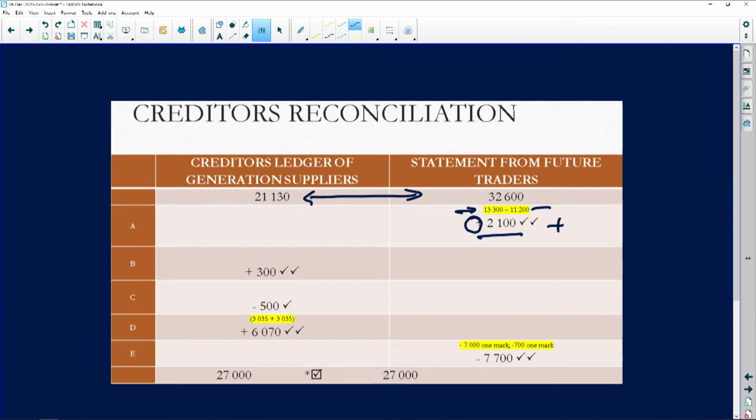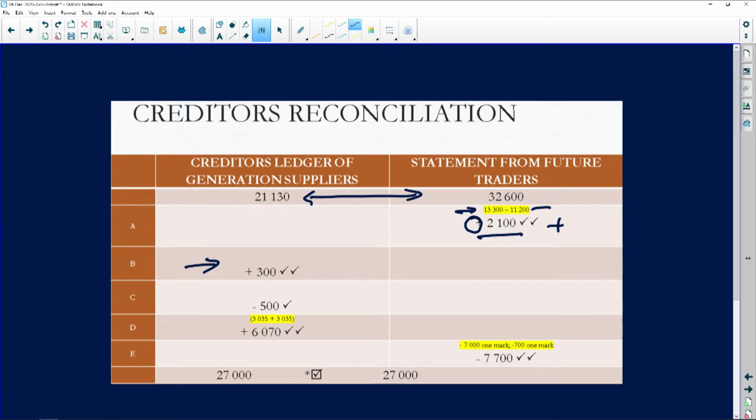We claimed the discount, guys. We said, we're taking it off, we don't owe you, we've paid you. They said, sorry, you paid us late, you're not entitled to that discount. So obviously, who has to correct? Their books are correct, ours is incorrect. Therefore, go to your creditors ledger. Our account is incorrect. Remember, we subtracted the 300 Rand when we claimed the discount.